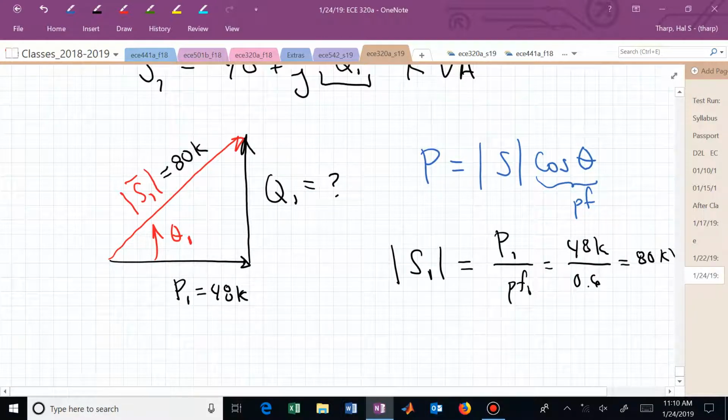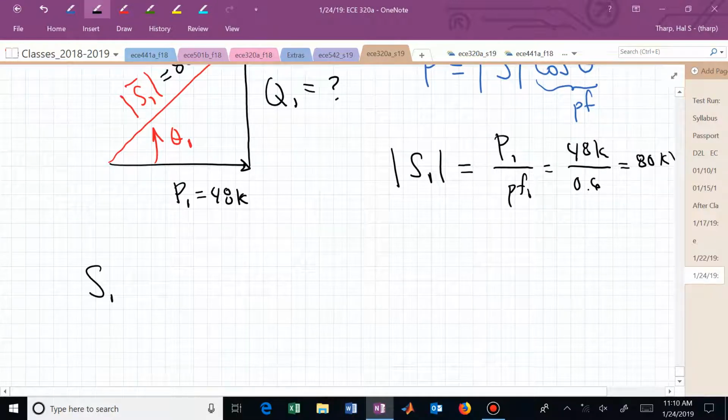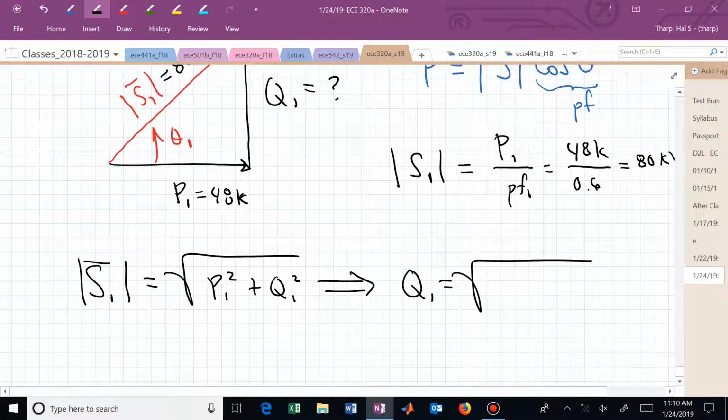And if we wanted to, we could find the angle, but we could also now, if we have a right triangle and we know the horizontal side and we know the hypotenuse, find it by Pythagoras: a squared plus b squared equals c squared. We now know that S1, the magnitude, is the square root of P1 squared plus Q1 squared. Or we can solve that for Q1. Q1 is now the square root of S1 squared minus P1 squared.